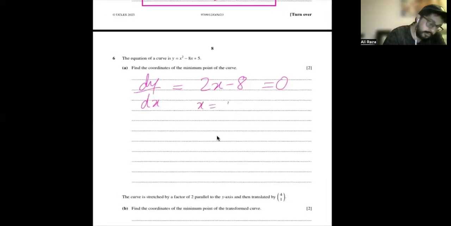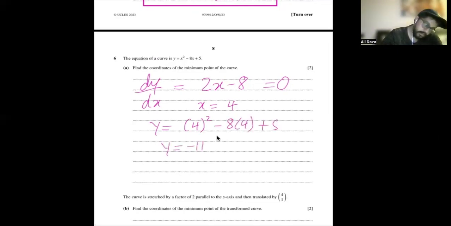X comes out to be 4. We'll plug that back into the equation for y to find the y coordinate. Y is equal to minus 11. The turning point or the minimum point would be 4 and minus 11.